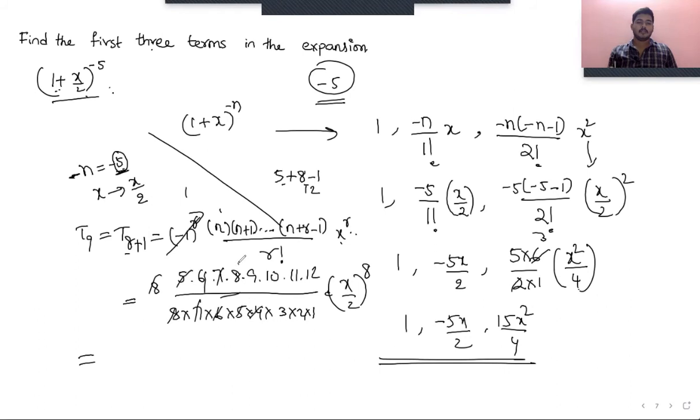Okay, 4 we can cancel 2 times, 3 we can cancel 3 times, and this 2 and this 2 can cancel up. So finally what will remain is 12 into 11 into 3 divided by 2 power 8 into x power 8. Okay, so this will be remaining. You can simplify after this.